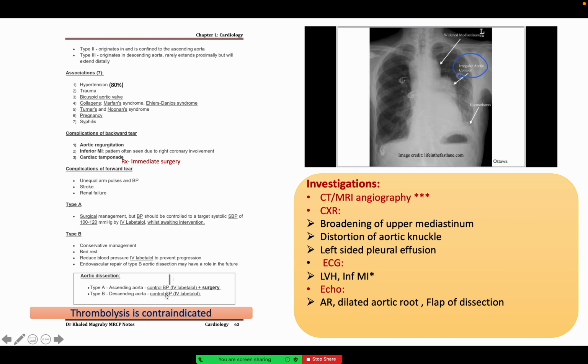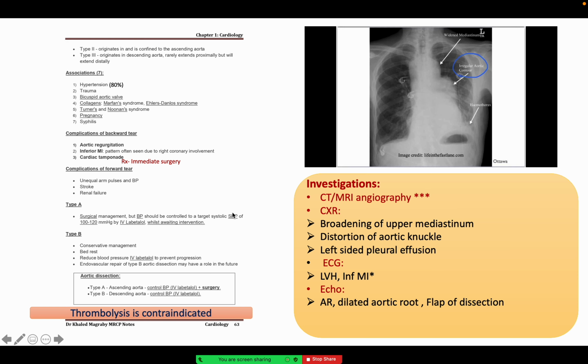If it is in the ascending aorta, you have two options: firstly, you have to control the blood pressure with labetalol, then you have to do surgery. But in case of type B, the only option available is control of blood pressure with labetalol. Here surgery has no role. But in case of type A, which is more common, you can do surgery.